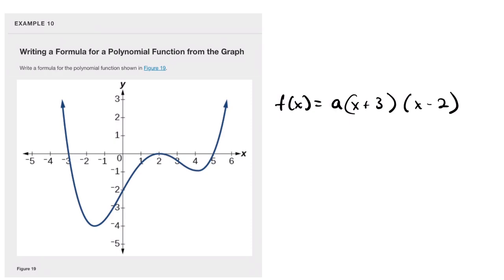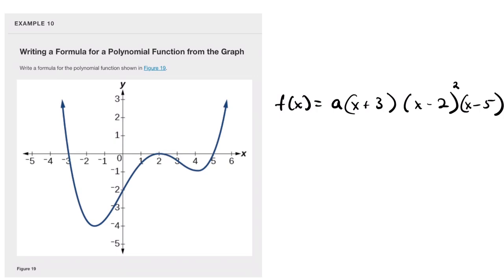Okay. Because 5 is a 0, that means x minus 5 is a factor. And again, because the graph bounces when x is 2, this one more than likely has a degree 2, right?